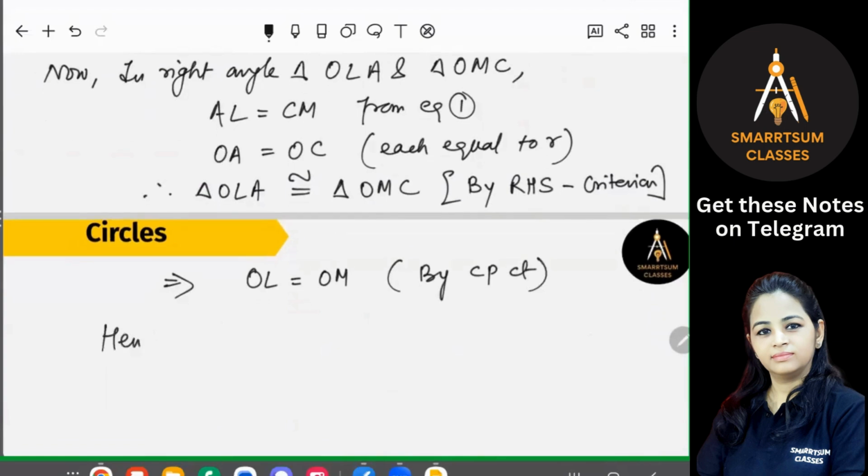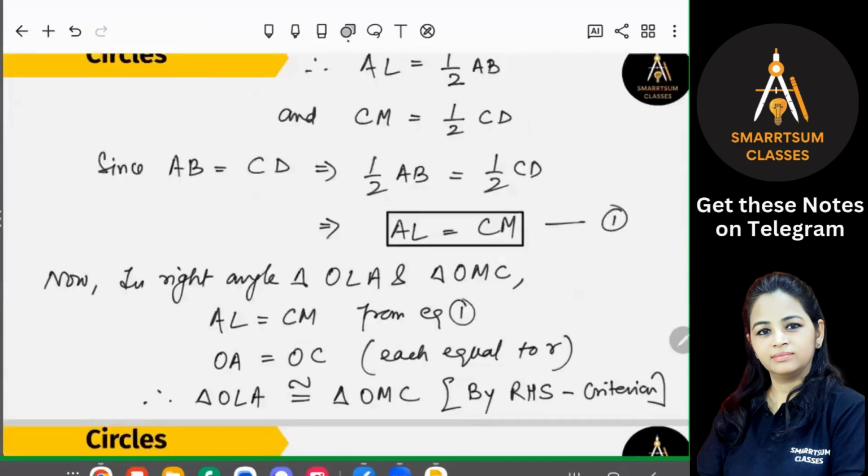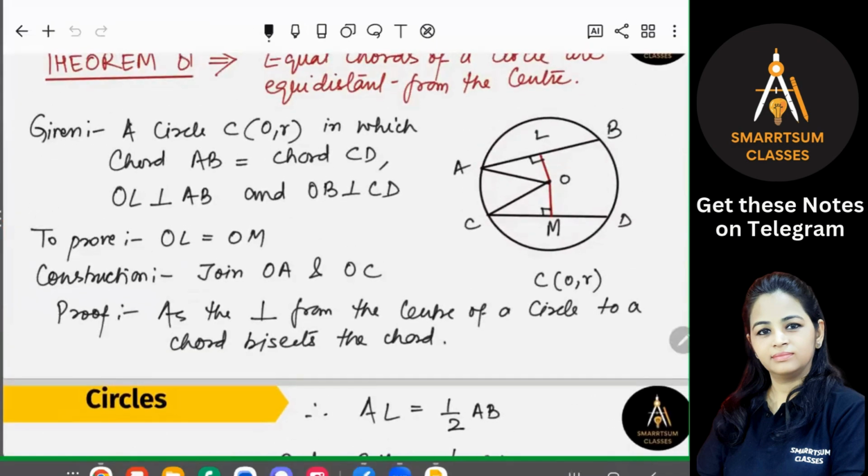Hence, AB and CD are equidistant from center O. Is that clear? So since OL and OM are equal in length, that means these two chords AB and CD are equidistant from the center, because we have proved that these shortest distances are the same.